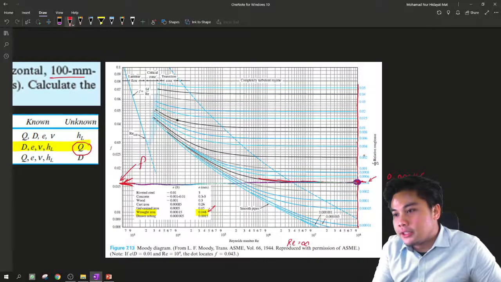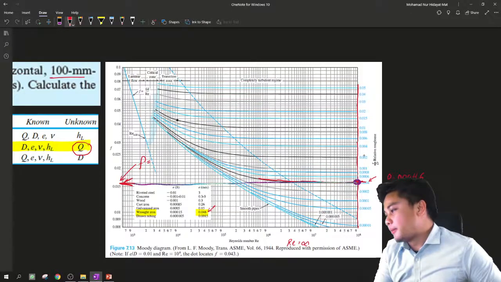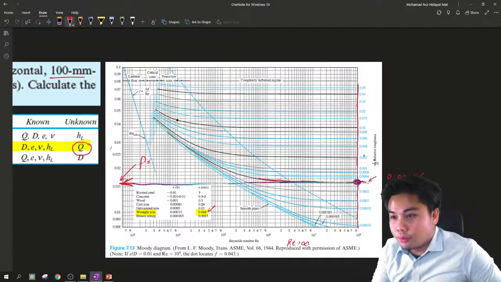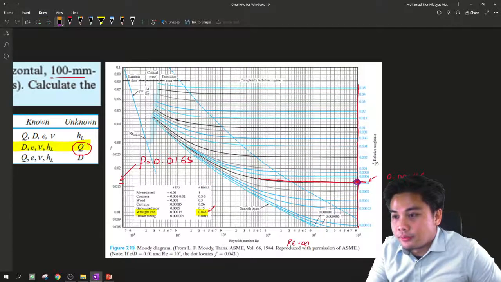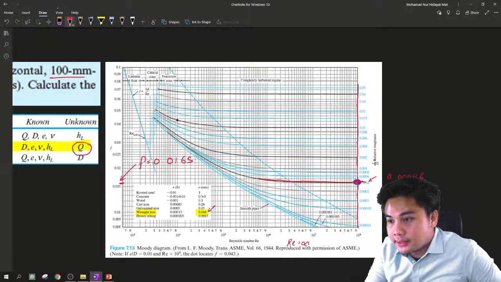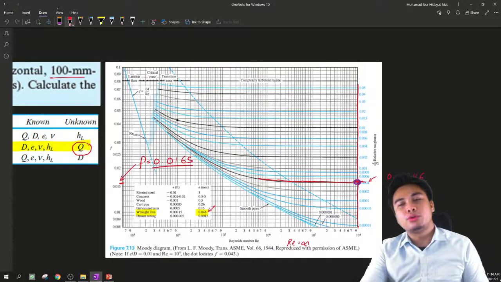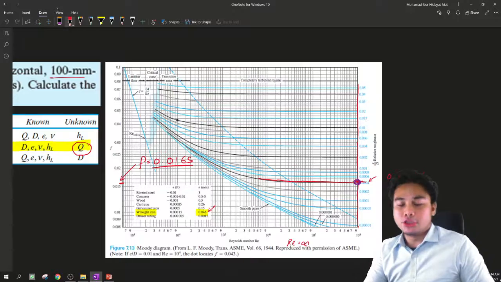So your assumed friction factor might be 0.0165. You can get 0.016, which is within this range; you can see here 5, 6, 7, 8, 9, 10. So around 0.016, you can choose this number, and putting 0.016 should also be no problem.